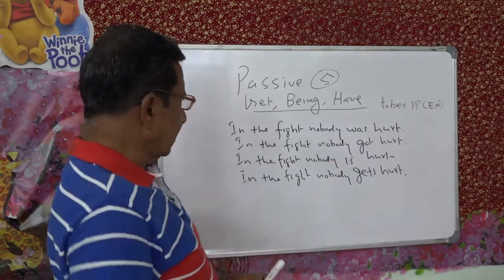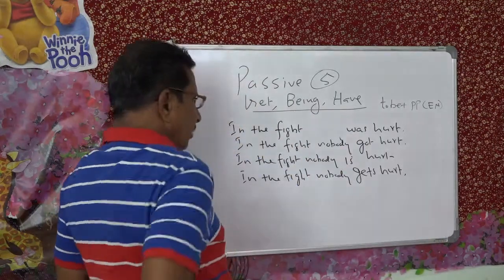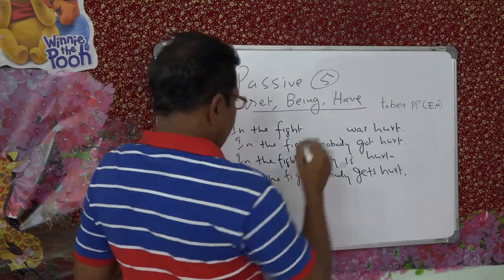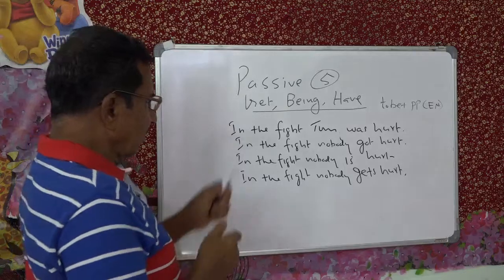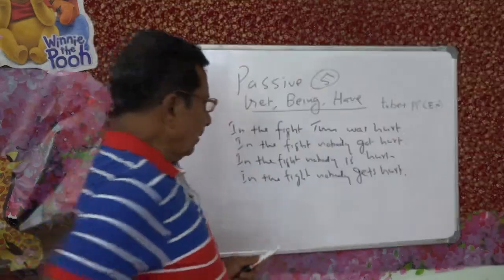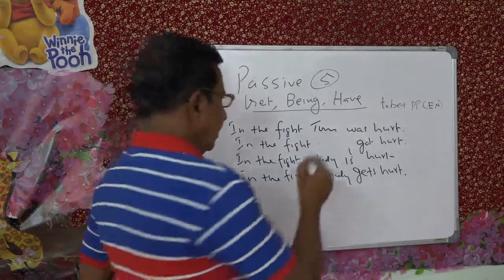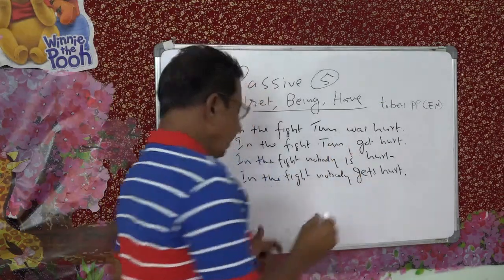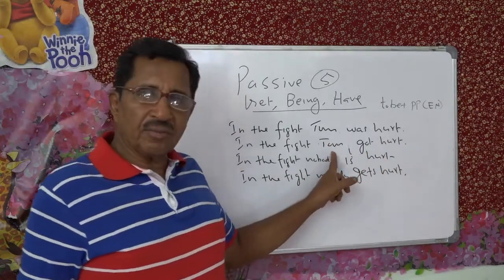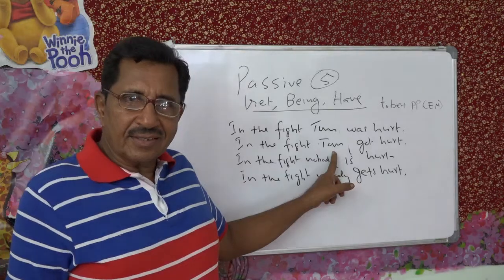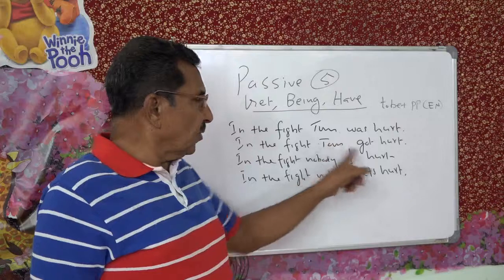Or we put it like this: in the fight, Tom was hurt. That's easy. This passive is better said as: in the fight Tom got hurt. Why? Because this hurt is affecting the subject of the sentence.